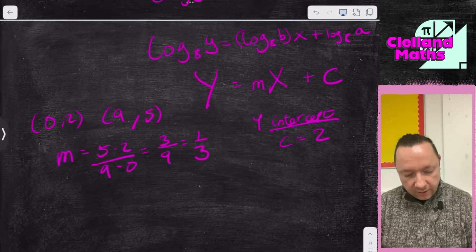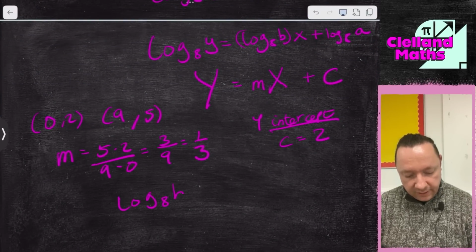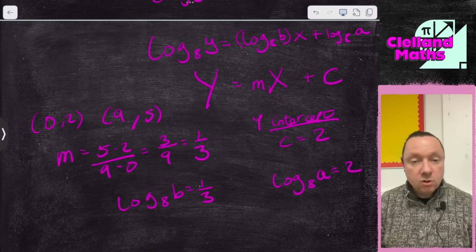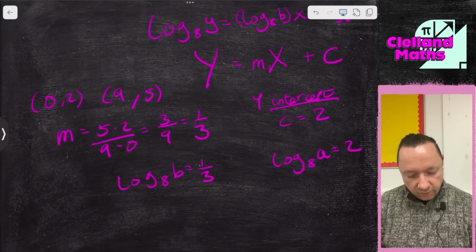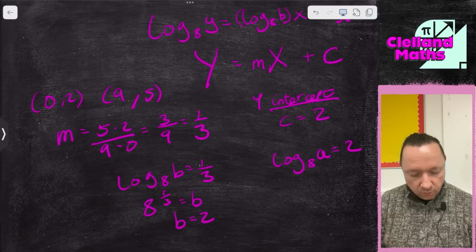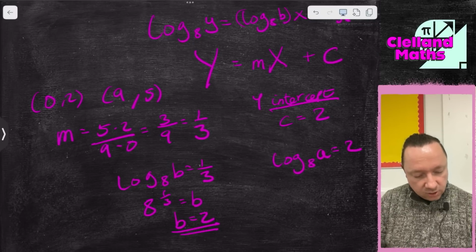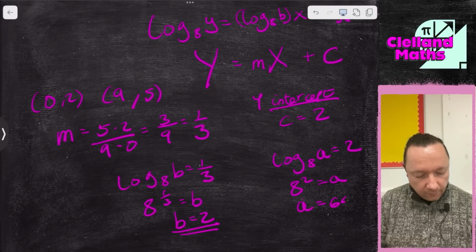So we can now just say that log base a of b equals 1/3, and log base a of a equals 2, and solve for both of them. So to solve this one, 8 to the power of 1/3 equals b. So that means that b is 2, the cube root of 8. You can use a calculator for that if you want. And 8 squared equals a, so a is 64.